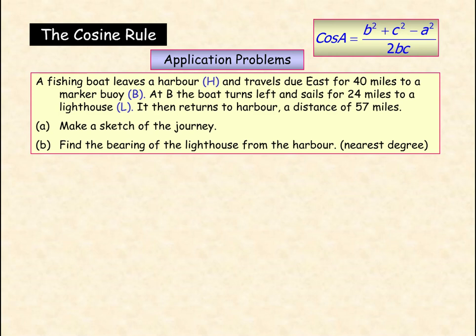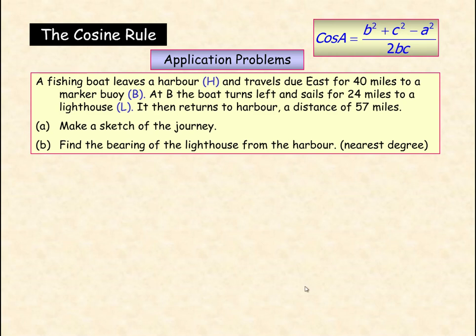So hit pause, have a go. When you're ready, hit play again. So the description doesn't make it easy for us. First it travels east for 40 miles, which is nice and accurate, and then it turns left. Now that's quite vague. It doesn't give us any real indication of how many degrees that is.